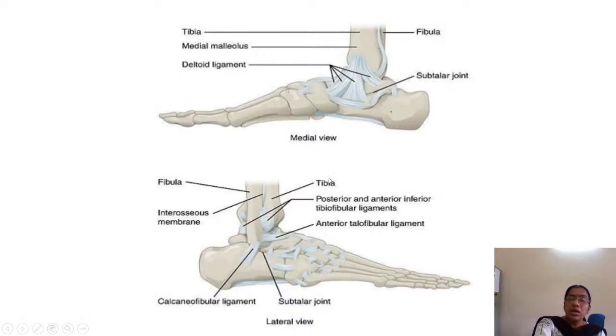The upper attachment is the medial malleolus, whereas the lower attachment extends to the talus, calcaneus and navicular bone. So it is triangular in shape. The tip of the triangle is attached to the medial malleolus, but inferiorly its base splits and attaches to three tarsal bones: the talus, navicular and calcaneus.